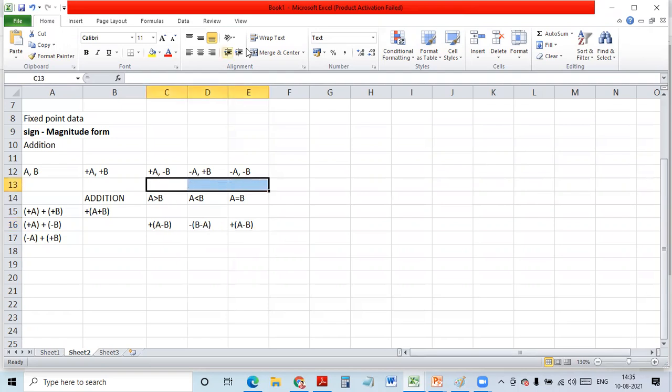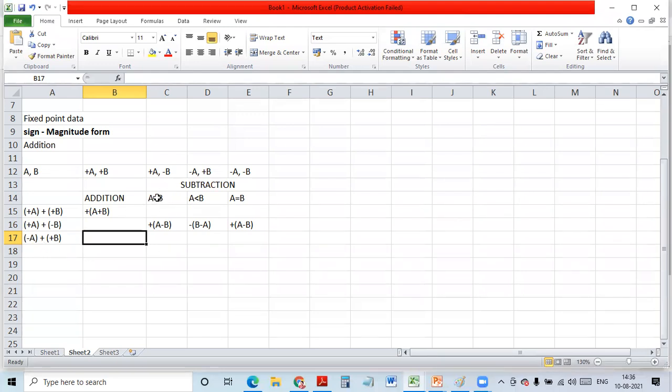So these three perform subtraction, am I right? Because of the sign of the numbers. Now it is -a and plus b. So I have to perform b minus a or a minus b based on the comparison, right?